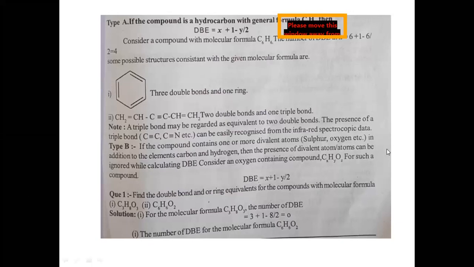So 4 minus 4 is equal to 0. Now you calculate the number of double bonds for the molecular formula C6H6O2. Okay, you proceed once again. You calculate the number of unsaturations or double bond equivalence in the compound for this formula.